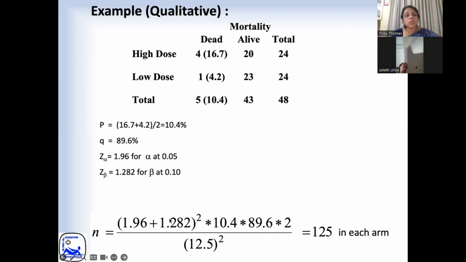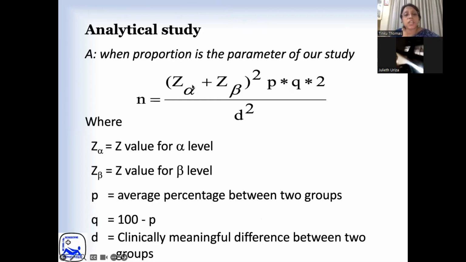You can also see that in this formula, in addition to type 1 error probability, we are also taking into consideration the type 2 probability. So in testing of hypothesis, the power of the study comes into play. So this is the power part.